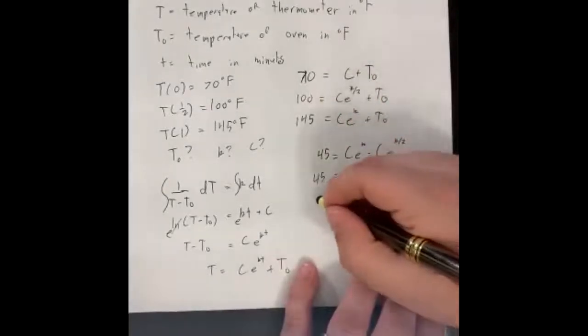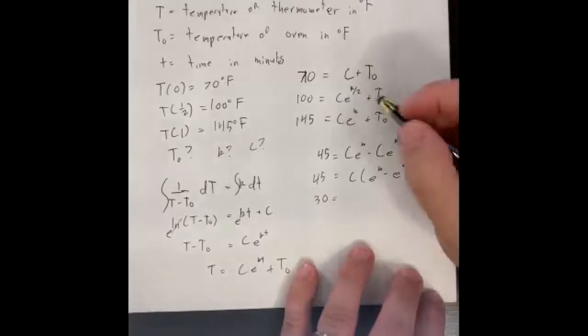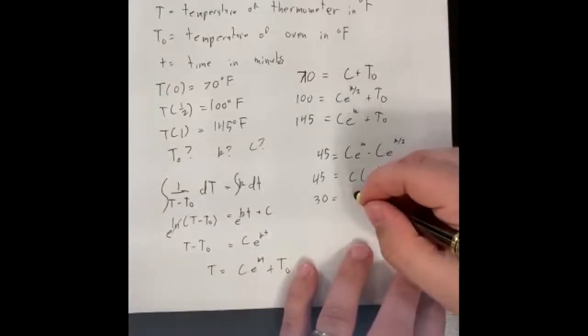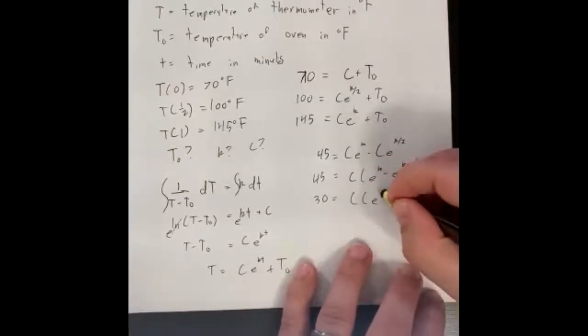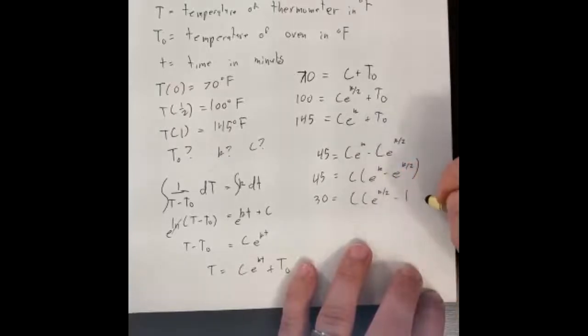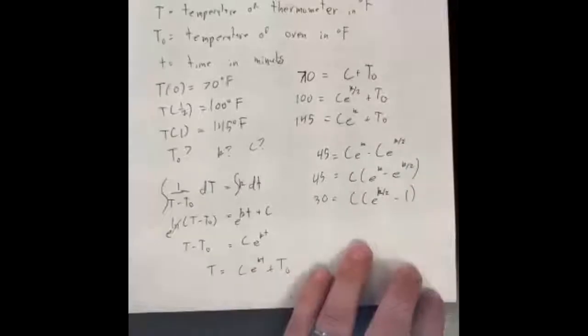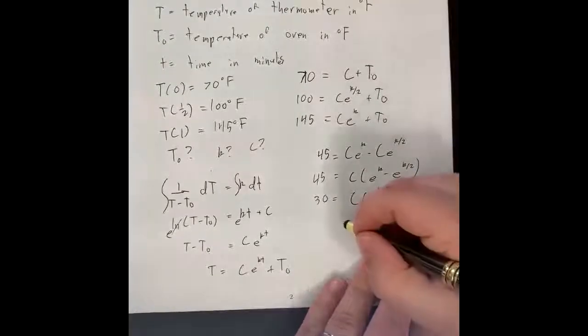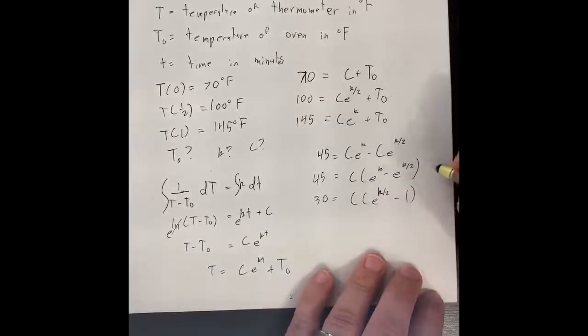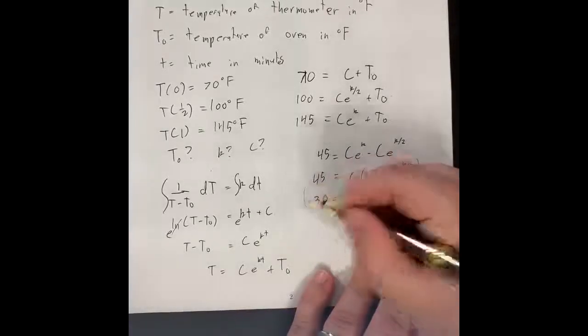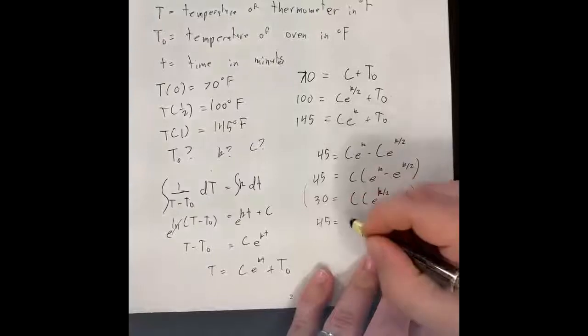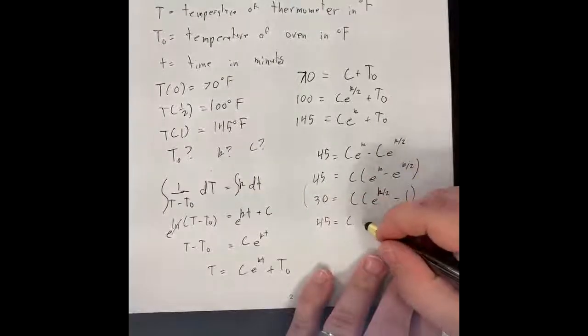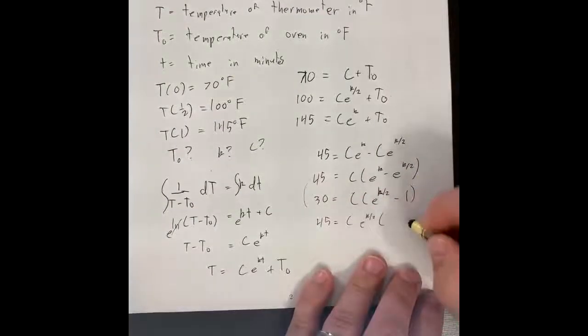So we get 30 equals c e to the k over 2 minus 1, and the t0 minus the t0 cancels out. In fact, this equation here is 45 equals c. I can factor out an e to the k over 2, and I get e to the k over 2 minus 1.